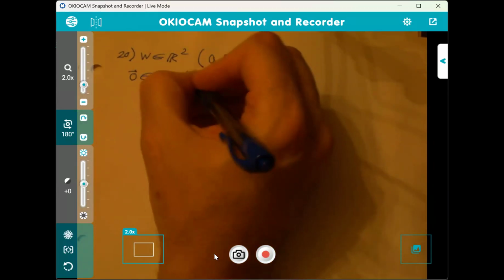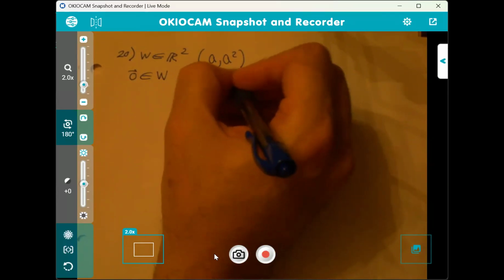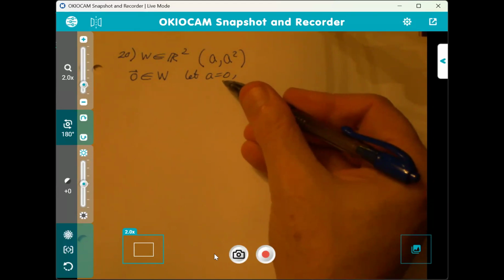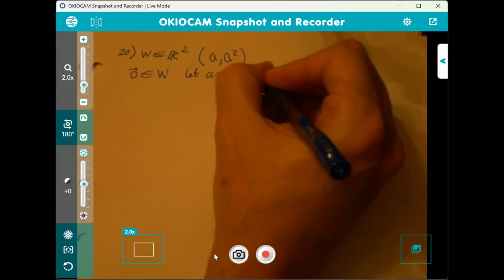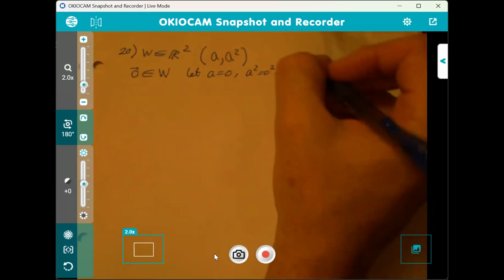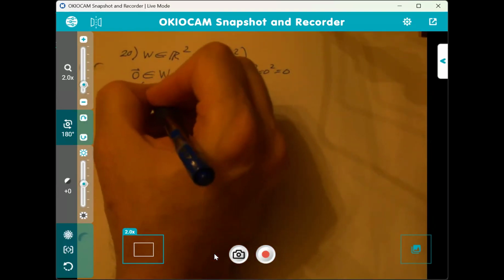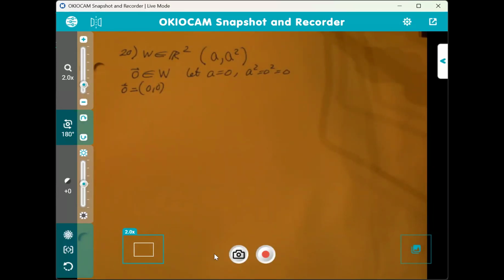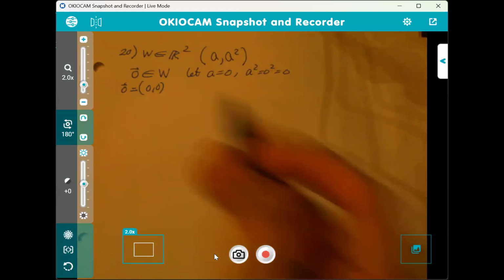Let the first component be 0. What will the second component be? 0 also, right? So yeah, 0 is there, no problem. The 0 vector is going to be there. So that's good. Let's see if it's closed under addition.